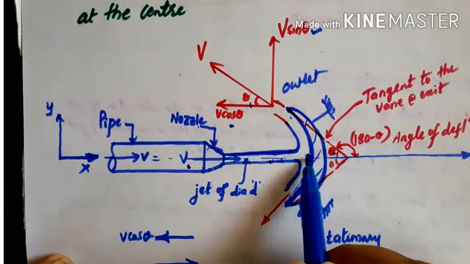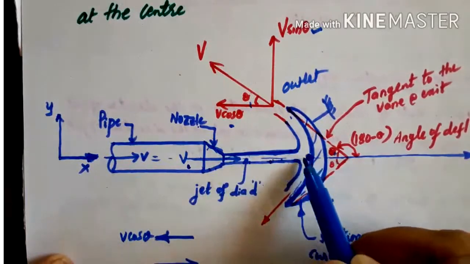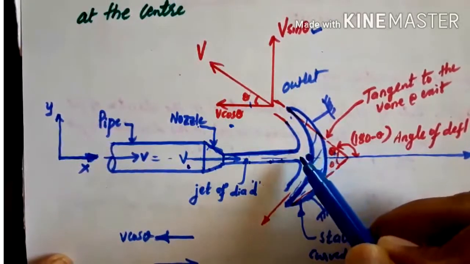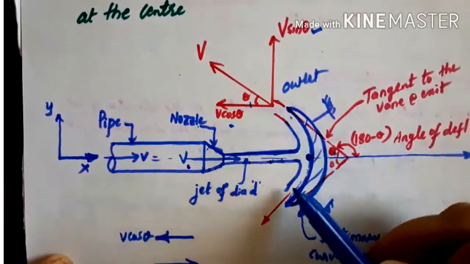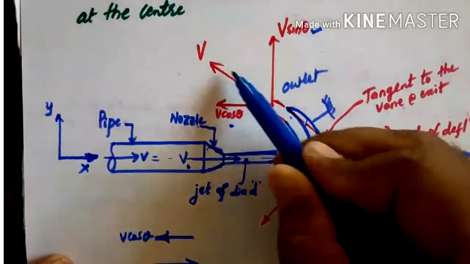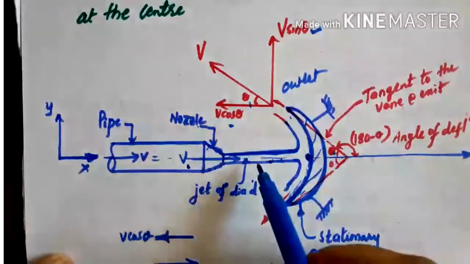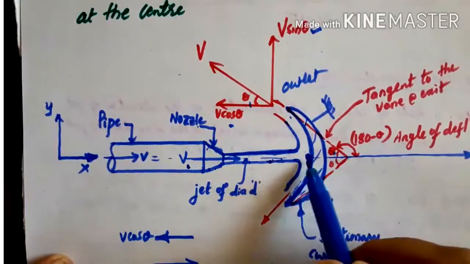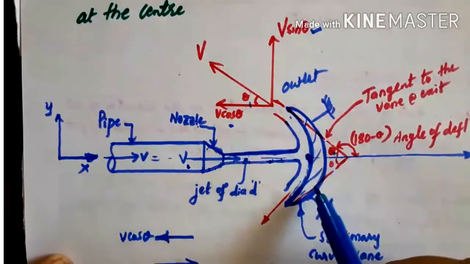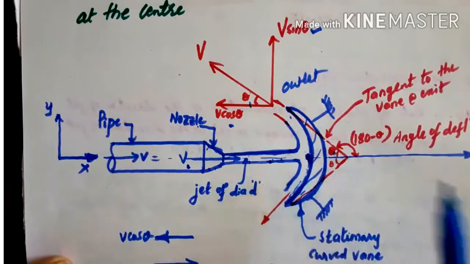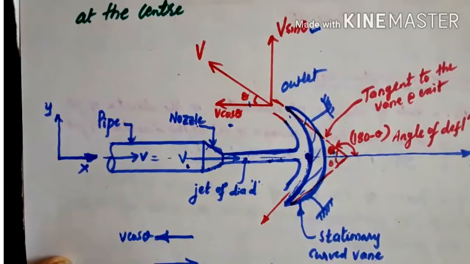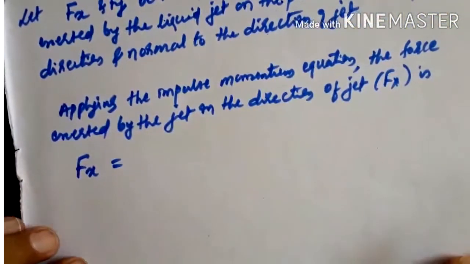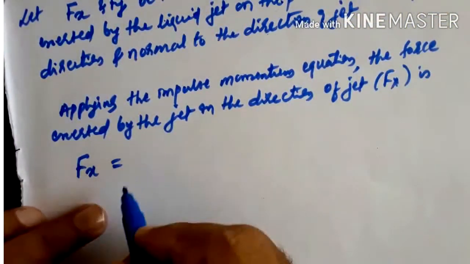After striking, this water glides over the surface and leaves the vein with a velocity v, and while doing this it exerts a force in x direction as well as in y direction. So we have to calculate the force exerted by the jet on the vein in x direction, and to calculate that force we are using the impulse momentum equation.